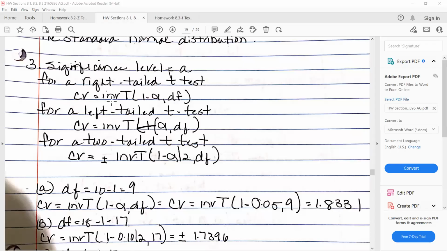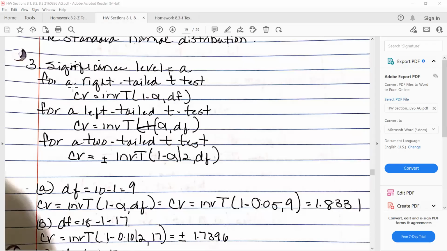Okay. So here, what this person did when they wrote the solution out, let me put it on the screen for you, is they wrote the rules up at the top.